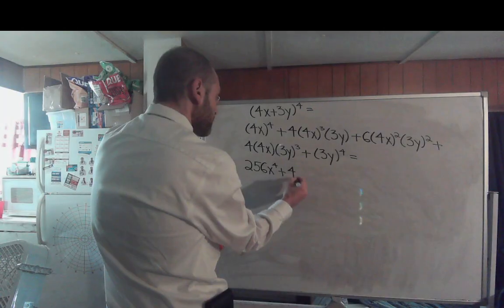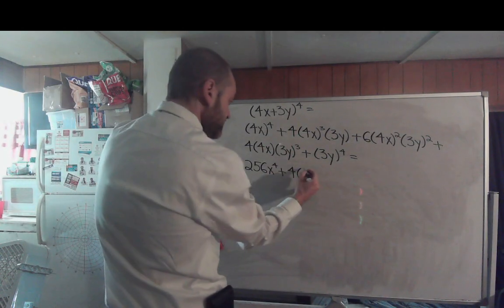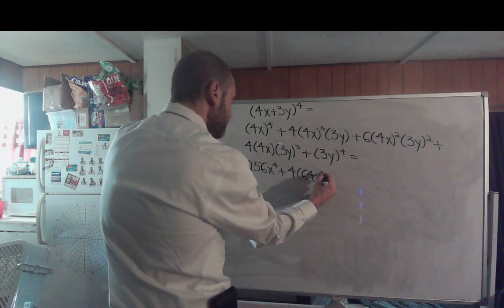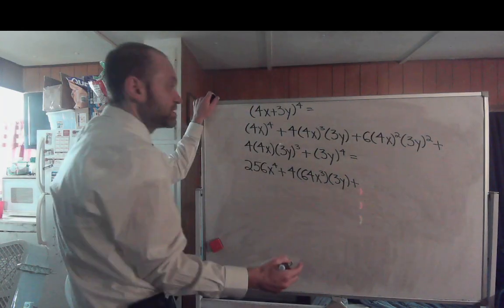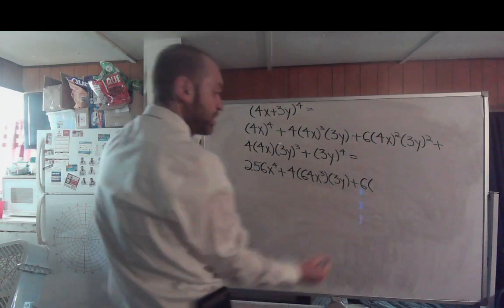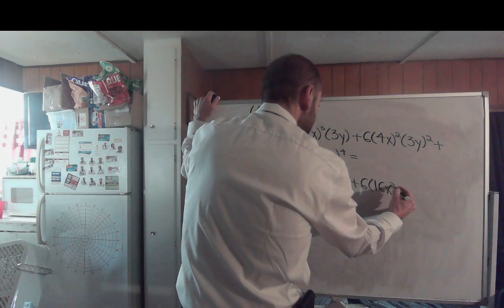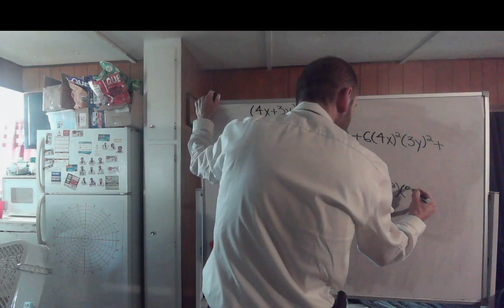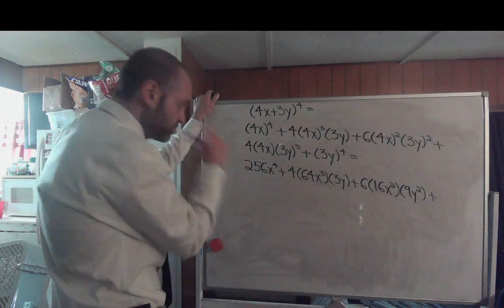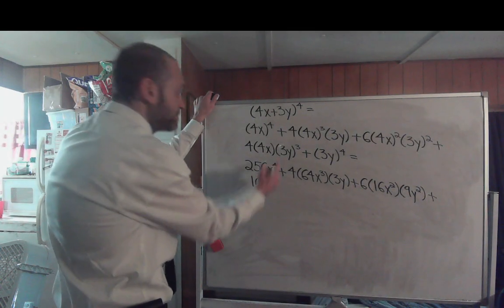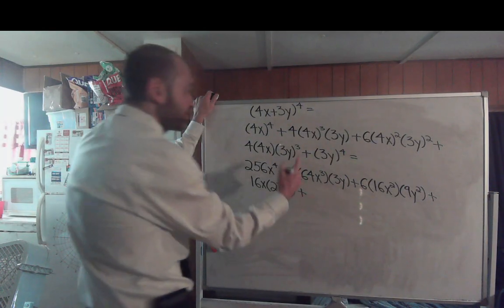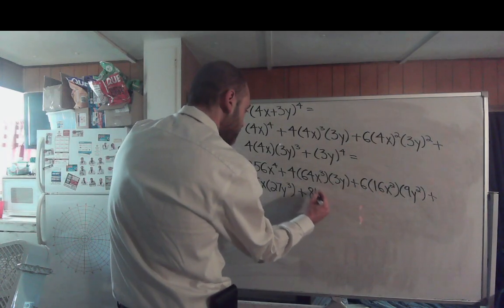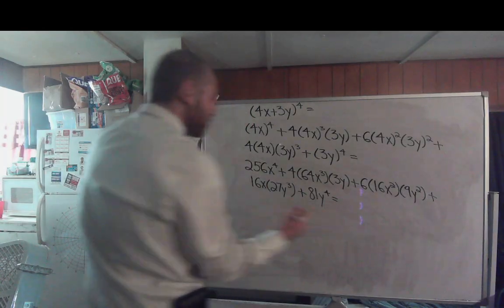This is going to be 4 times, well, 4 to the 3rd is 64, so this would be times 64x to the 3rd times 3y, plus 6 times, now 4x squared, that's 16x squared, times 3y squared, that would end up being 9y squared, plus, alright, so 4 times 4x, we can just say that's 16x, times 3y to the 3rd, that'd be times 27y to the 3rd, plus the final term, 3y, that quantity to the 4th, would end up giving me 81y to the 4th. So let's go ahead and simplify one more time.